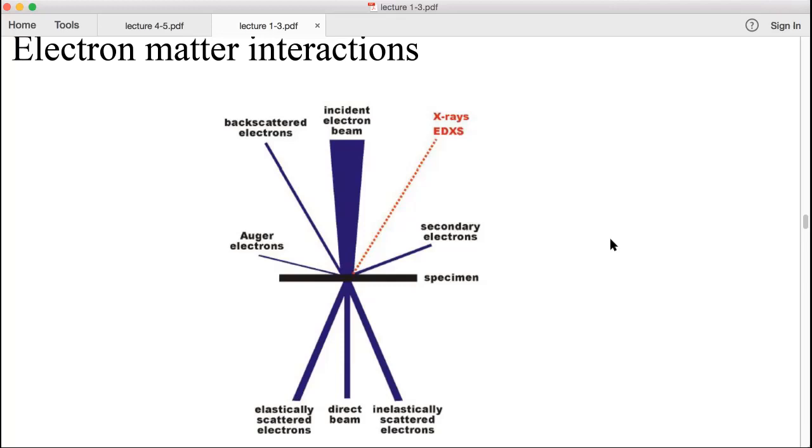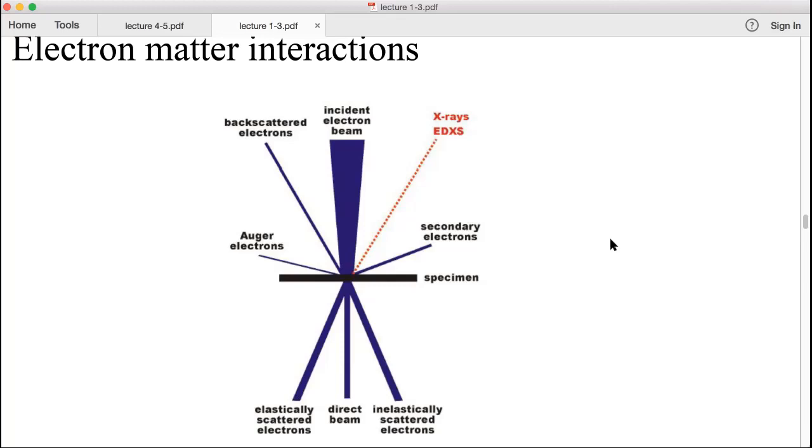And the electron interaction with matter inside the specimen will create X-rays. If you analyze these X-rays, we use them in EDX. EDX means energy dispersive X-ray spectroscopy. You image it, and the generated X-rays are separately analyzed and produce a spectrum.